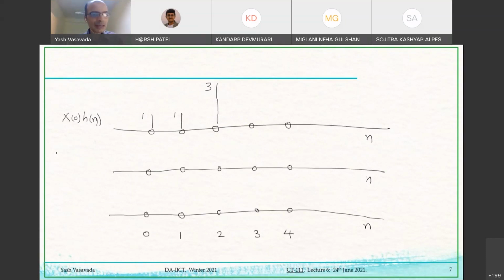The second term is x of 1, h of n minus 1. So who can tell me what this one will be? Or maybe I should write it down here that x of n is 1, 2, 3, and h of n is 1, 1, 3. So I already wrote x of 0, h of n. Who can tell me what x of 1, h of n minus 1, how can I draw it here?